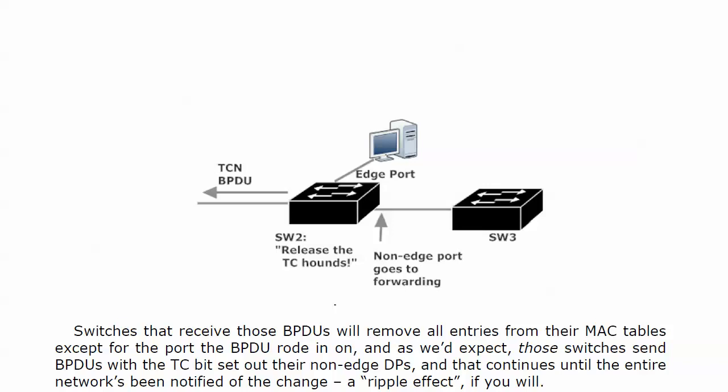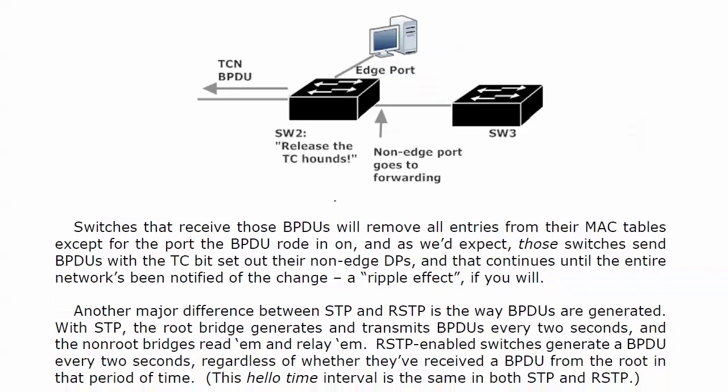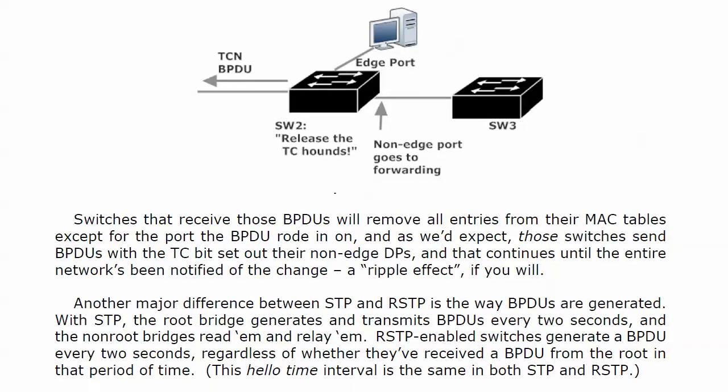Now, speaking of those BPDUs, another major difference between STP and RSTP is the way these are generated. We know with STP, the root bridge actually creates them and transmits them every 2 seconds, that's our hello time, and the non-root bridges, what do they do? They read them and relay them. That's a great way to remember it.